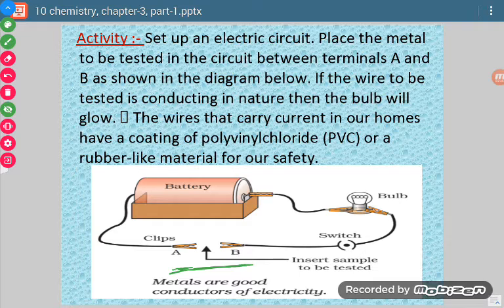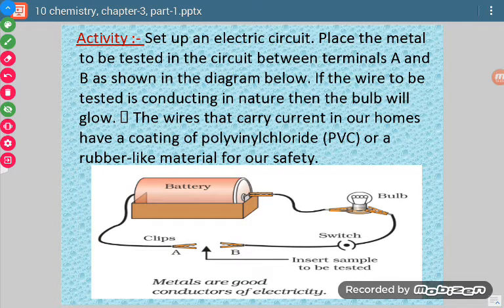Now if we want to test a particular substance, what will we do? We will take a piece of that substance and place it between A and B. We will touch the substance, the rod or wire, with one end to A and the other end to B, and then we will switch it on. If that substance is conducting in nature, the bulb will glow, and if the substance is an insulator, the bulb will not glow.